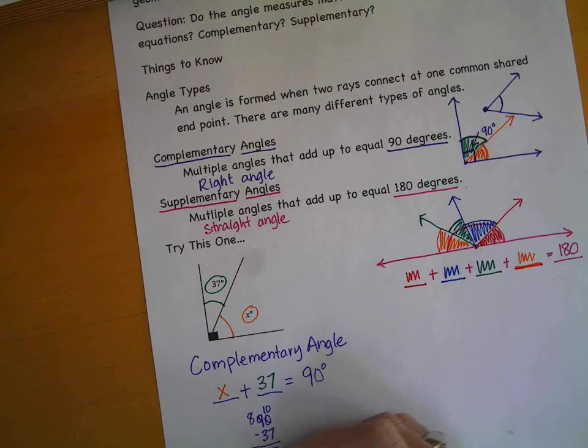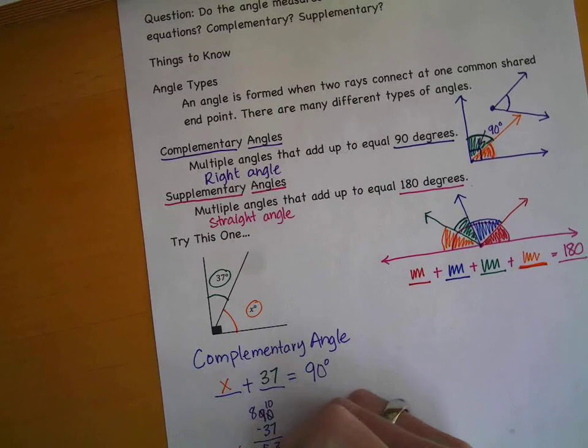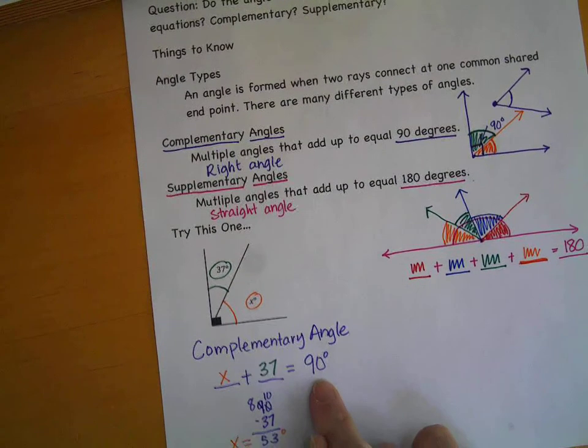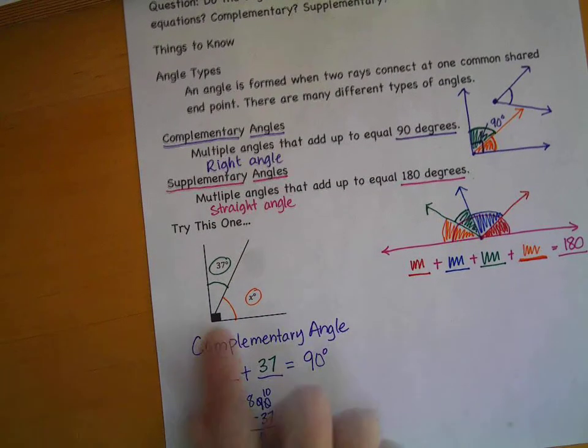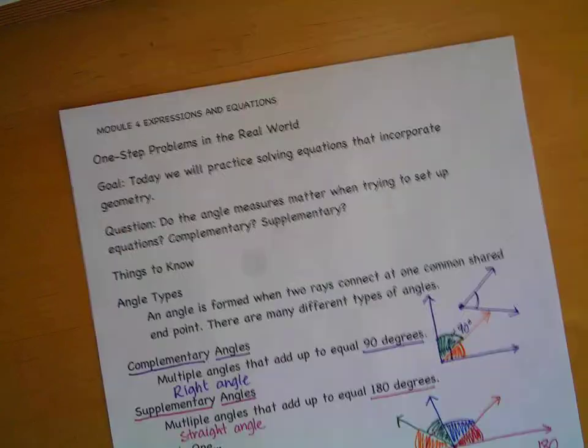So 10 minus 7 is 3, and 8 minus 3 is 5. And so now I know that angle x has to equal 53 degrees, because 53 plus 37 adds up to 90. And we know that these are complementary because it's a 90-degree angle.